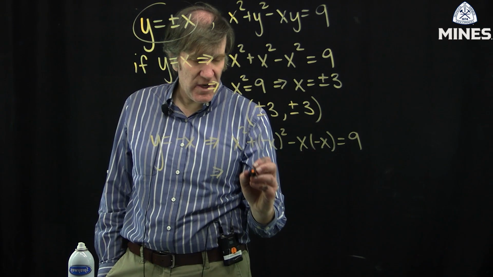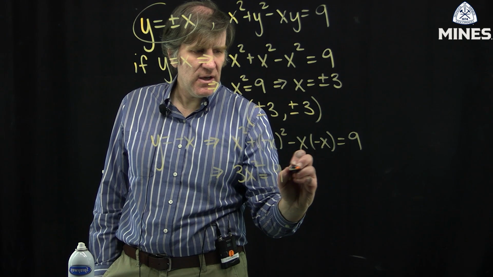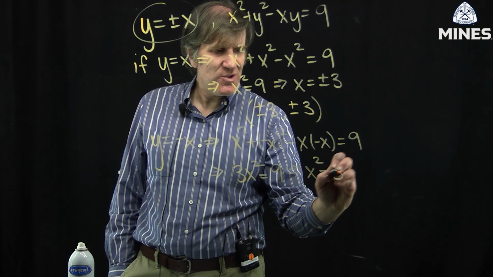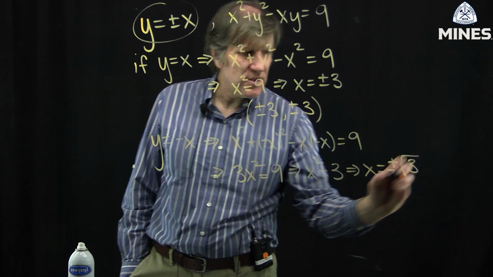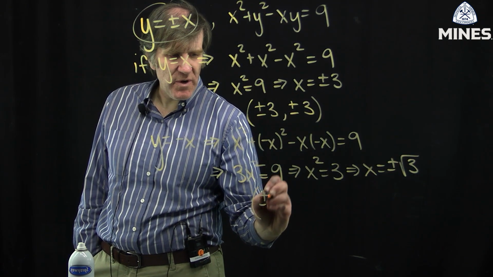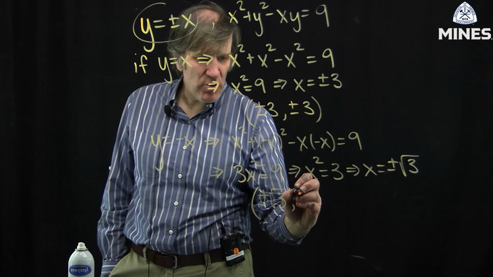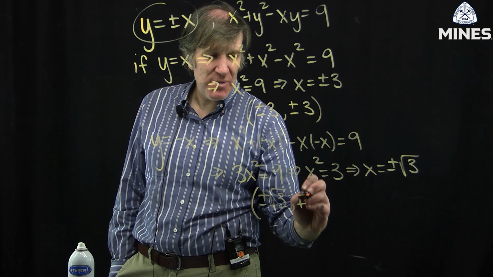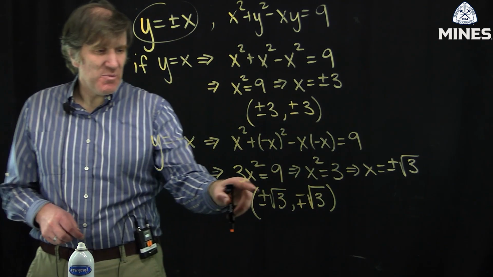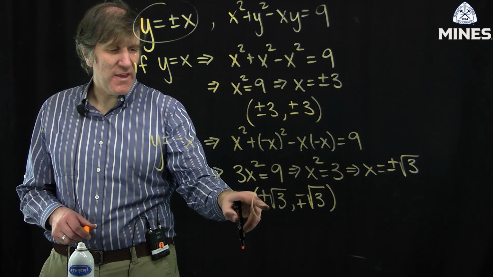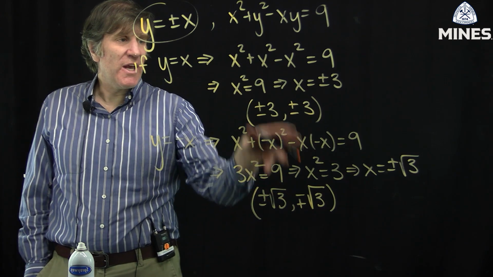And that looks like 3x squared equals 9, x squared equals 3, or x equals plus or minus the square root of 3. So if x is plus or minus the square root of 3, y is the negative of x, so y will be minus plus the square root of 3. Instead of plus minus, it's minus plus. The plus on the x corresponds to a minus on the y, and the minus on an x corresponds to a plus on the y. These are where we can have maxes and mins.